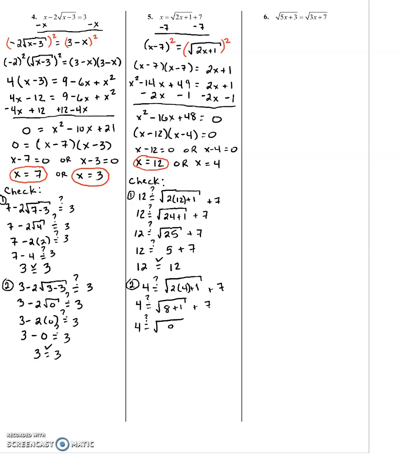And 8 plus 1 is 9 under the square root. So 4, does that equal the square root of 9, which is 3, and we still have that plus 7. So we come up with 4 equals 10. Well, that's not true, is it? So we throw that answer away. So x cannot equal 4. So our only answer is x equals 12.